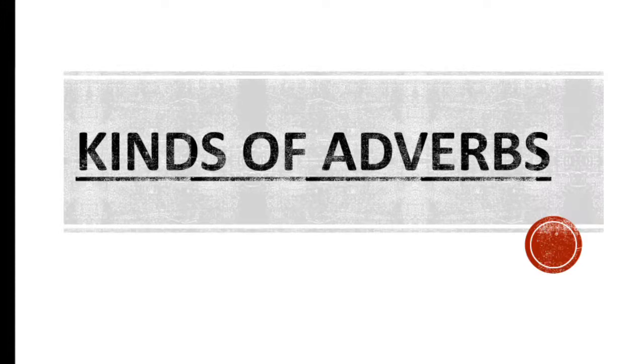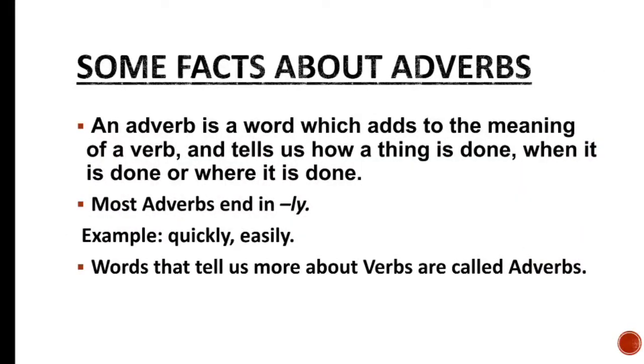Before we start, let's quickly see more facts about adverbs. So what are adverbs? An adverb is a word which adds to the meaning of a verb and tells us how a thing is done, when it is done or where it is done. Most adverbs end in ly. Example, quickly, easily.